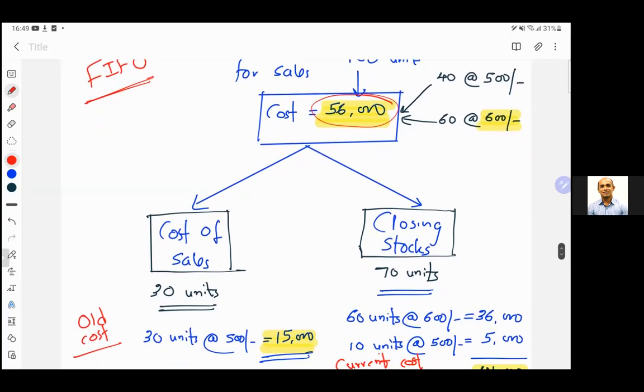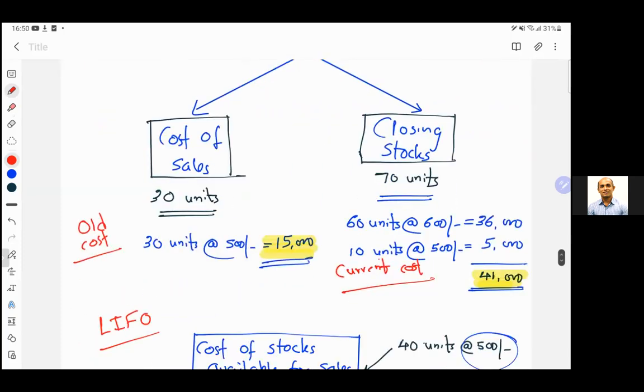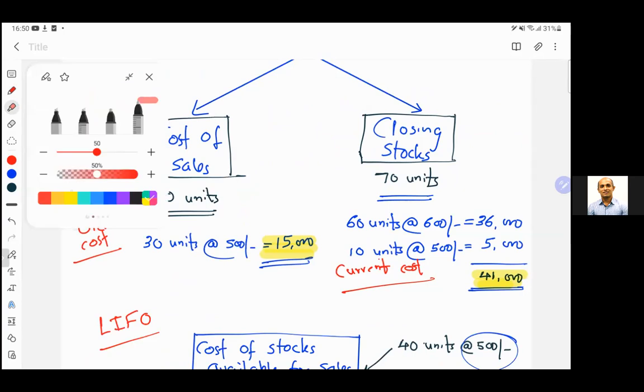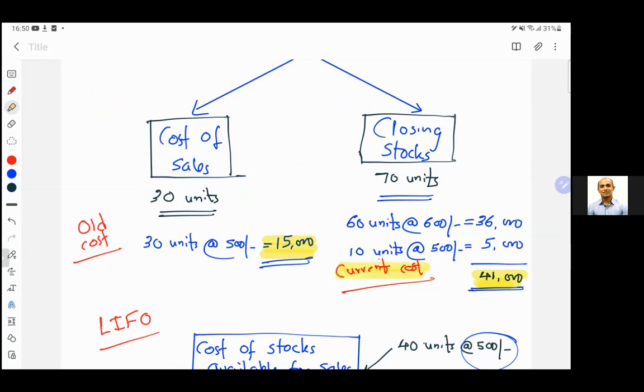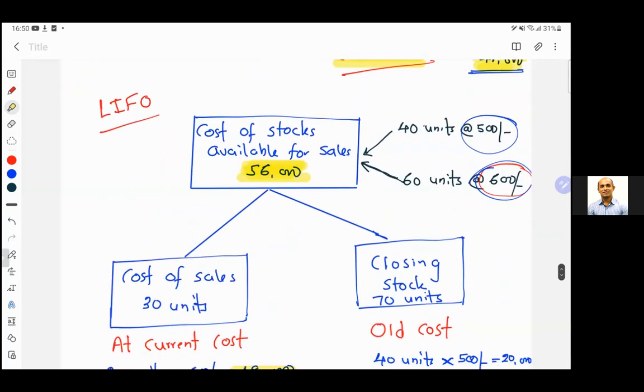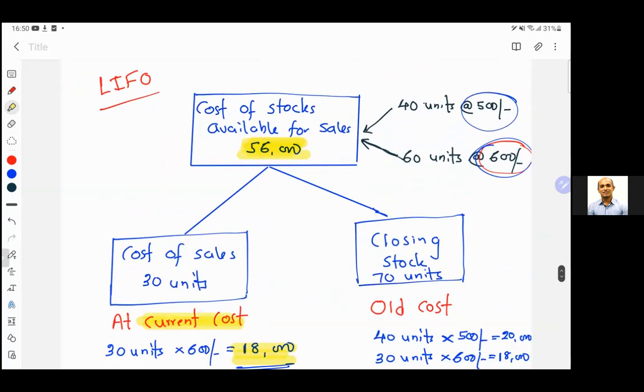In FIFO method, current cost goes to closing stock, therefore old costs remain with the cost of sales. But in LIFO method, current cost goes to cost of sales, then the old costs remain with closing stock.